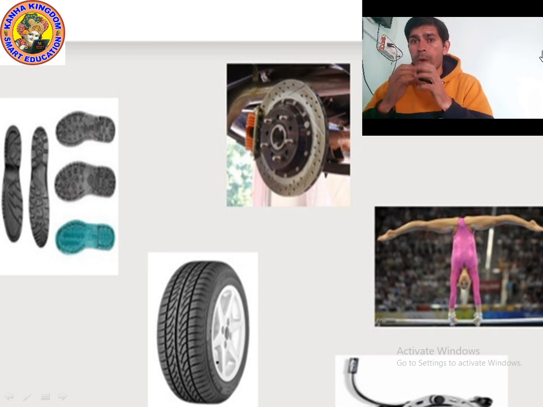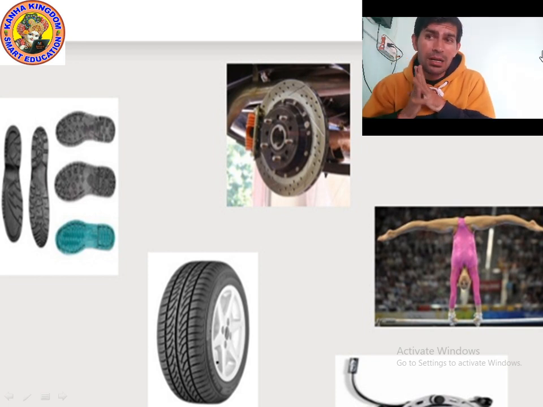Remember, smooth surfaces have minor irregularities between two surfaces, and rough surfaces have larger irregularities between two surfaces. So the force of friction is more if the surfaces are rough.